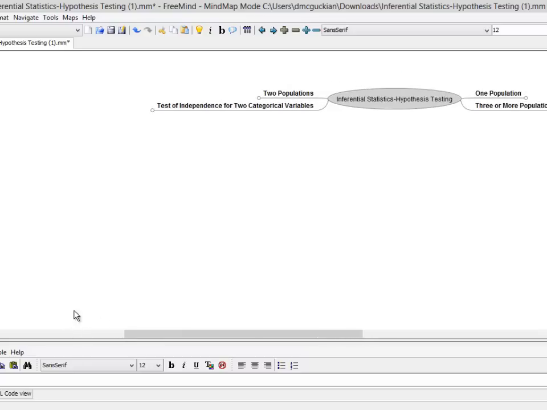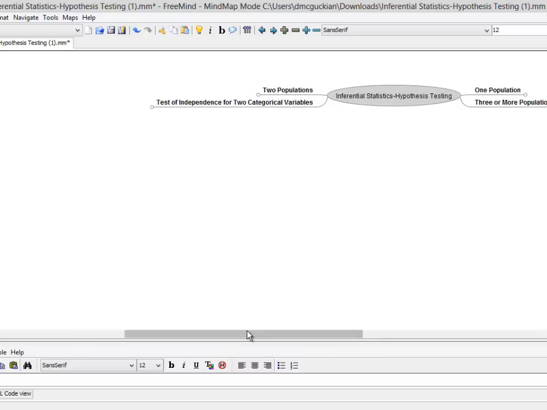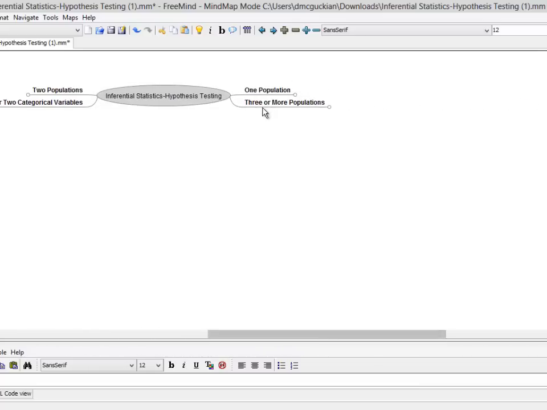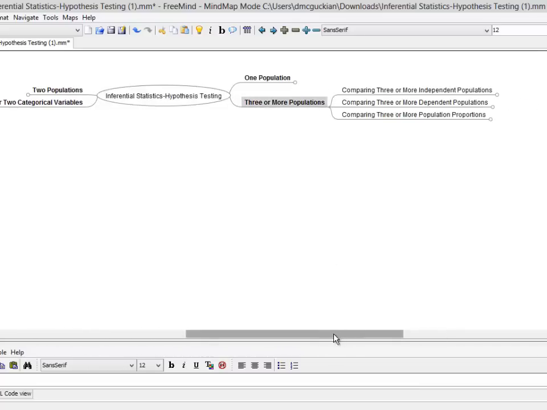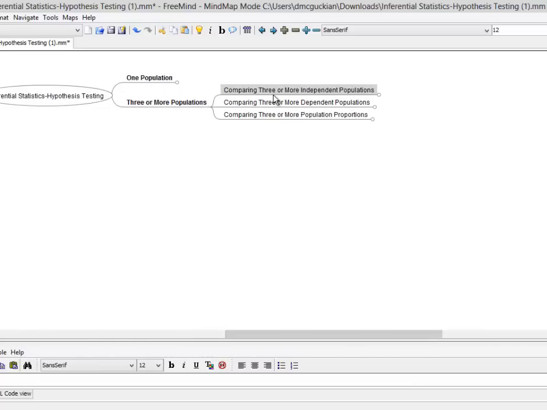All right, let's take a look now at the third scenario, which is where you have three or more populations. For three or more populations, we had scenarios where we had three or more independent populations, three or more dependent populations, and then three or more population proportions, right?